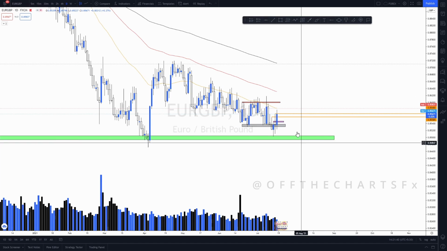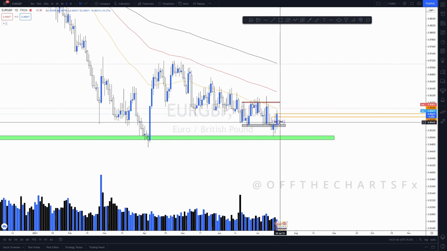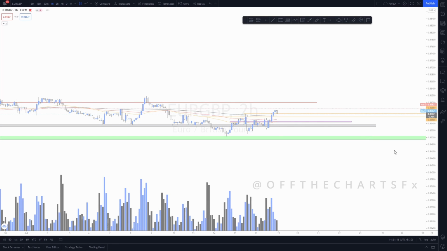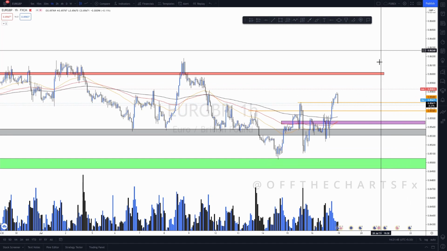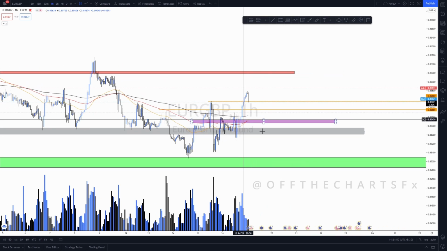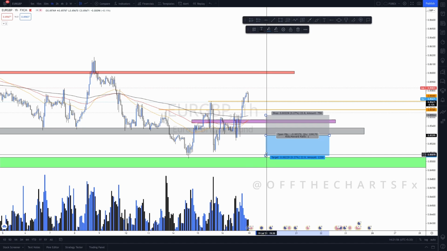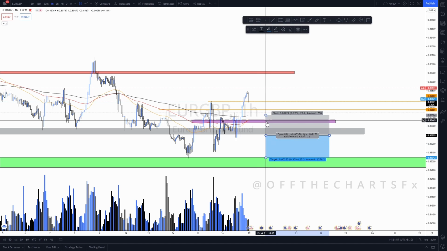All right, so let the price either come to a test zone or let the price breach this structure, and we'll be looking for sells to the downside for this level, it's like 25 pips.